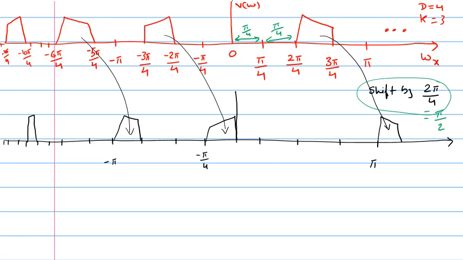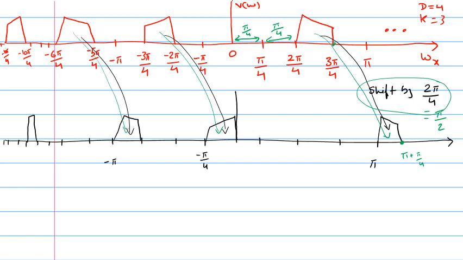Now if you want to shift this to the right by 2 pi by 4, this point will be at pi plus pi by 4. From here to here you will be getting this replica, then this will be shifted over here and this will be shifted over here.